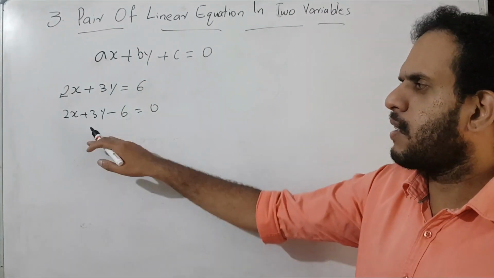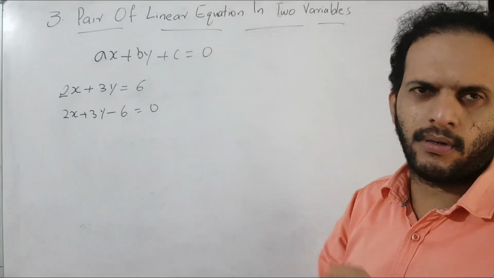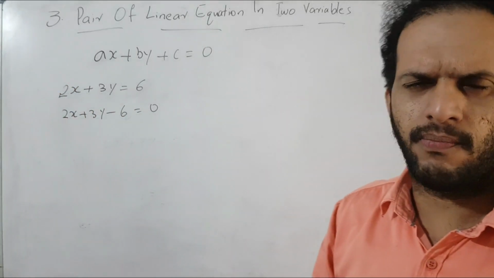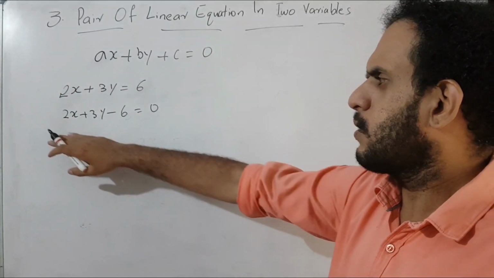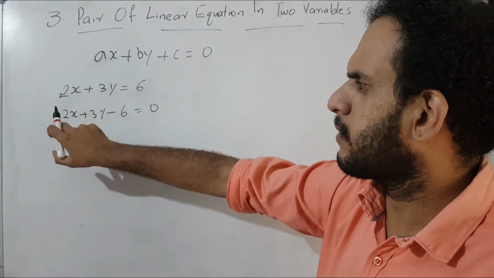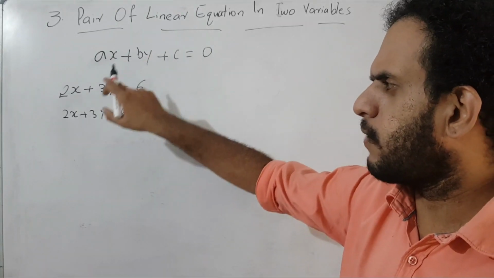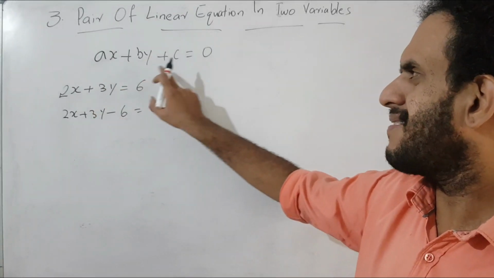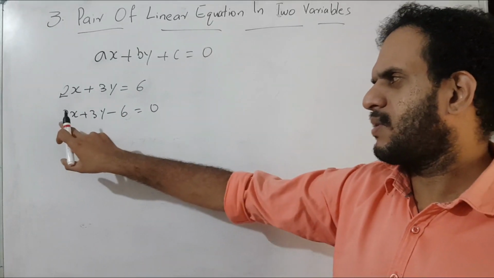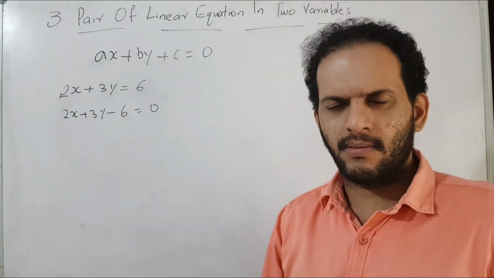Now the given equation is in the standard or general form of a linear equation in two variables. So what is the value of a? The value of a is the coefficient of x, that is 2. b is the coefficient of y, that is 3. c is the constant, that is minus 6. So a is 2, b is 3 and c is minus 6.